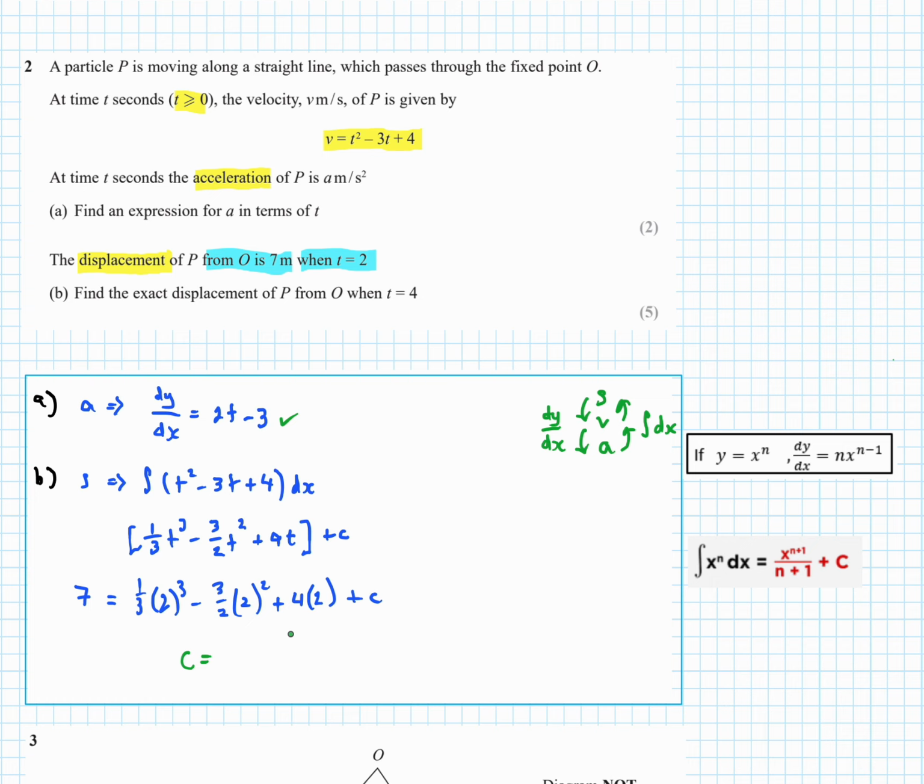So now we have c as part of the equation, and we're going to substitute t for 4. After you've done that, you should find an exact value for your displacement.